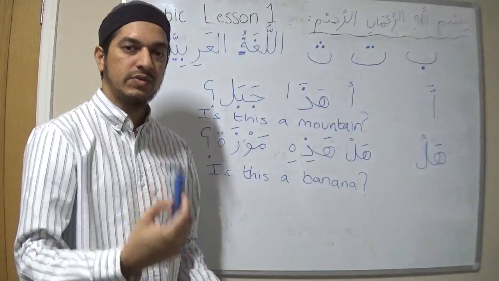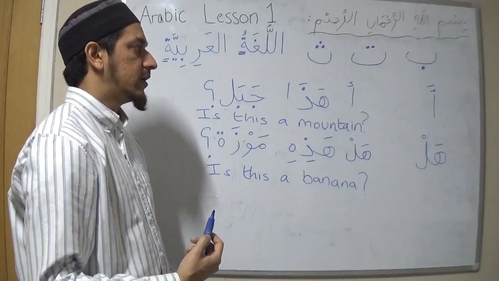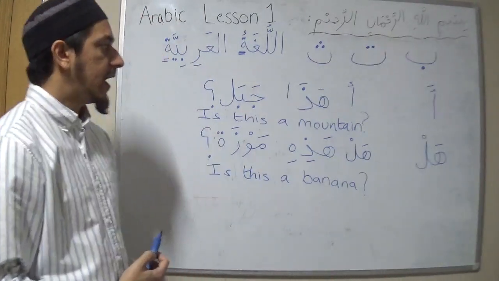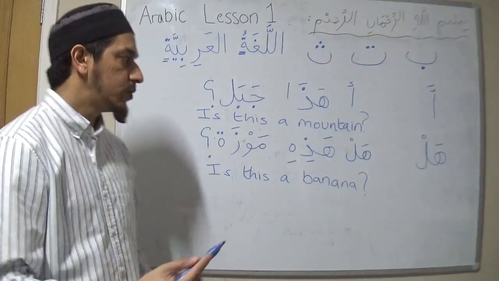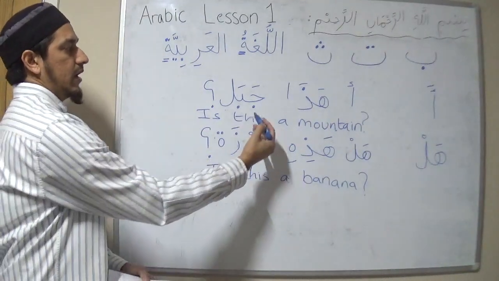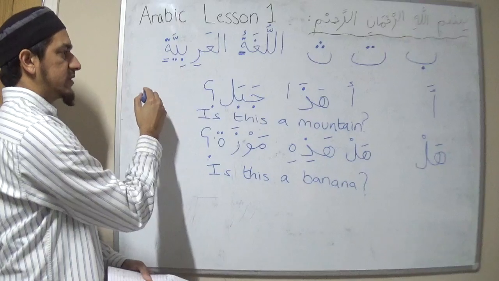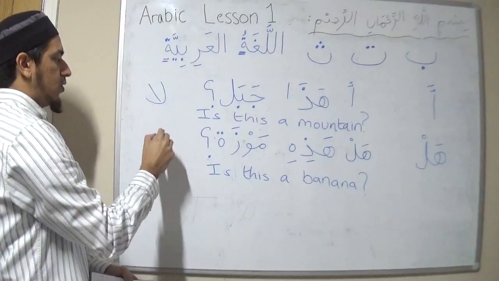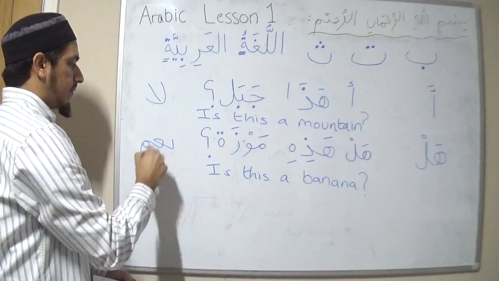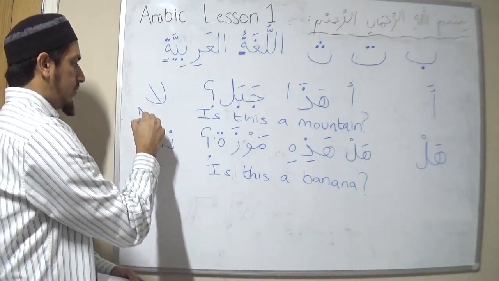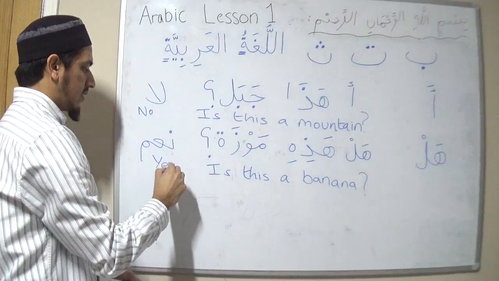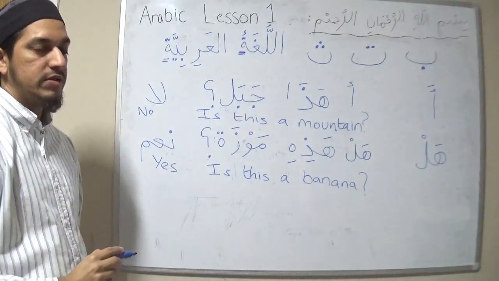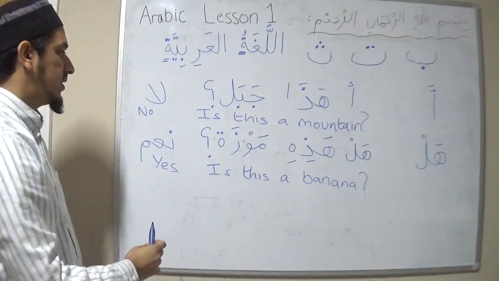Have a practice of writing in Arabic, so you get more competent in it. And finally, the simple answers as well. Hada jabal, you can say two things, just like how you can put two things here. La or nam. No or yes. And how would I answer it? هل هذه موزة?